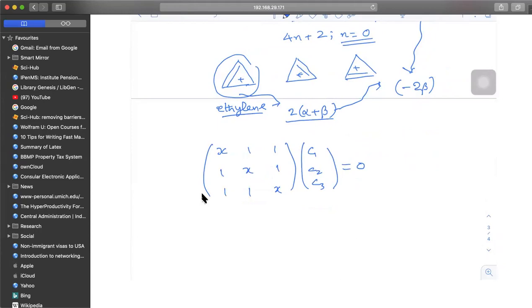So if you wanted to find out the first molecular orbital, which has x equal to minus 2, then what you have to do is put minus 2. Minus 2, 1, 1; 1, minus 2, 1; 1, 1, minus 2; times C1, C2, C3 is equal to 0.